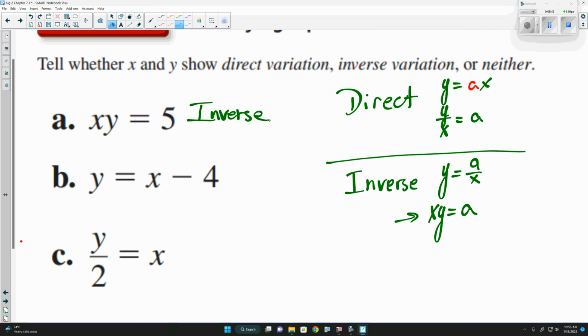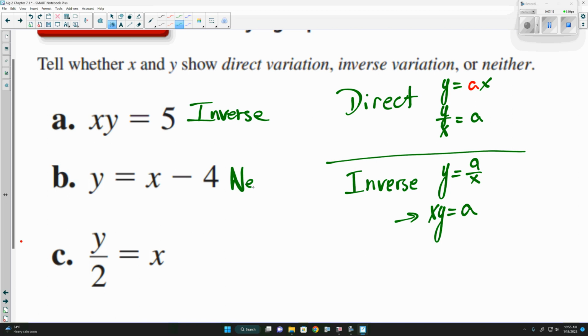How about B? Direct, inverse, or neither? So we do have x and y on the opposite side, yes? So for it to be direct, we're looking at y is equal to x times a. Does it match up to that? For inverse, we're looking at y equals a over x. So what is this going to be?